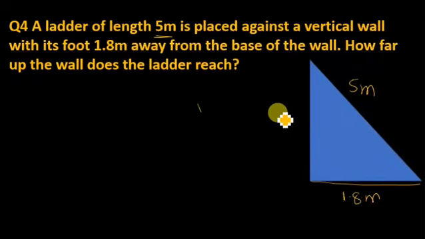How far up the wall does the ladder reach? You have to find the distance up the wall that the ladder reaches. So I say this is x, this is 90 degree and opposite 90 degree is the hypotenuse. Same formula: C square is equal to A square plus B square.